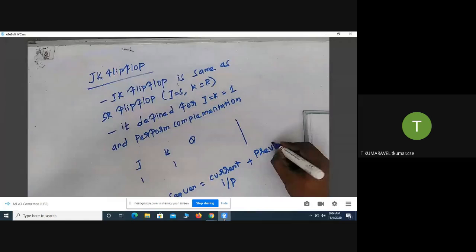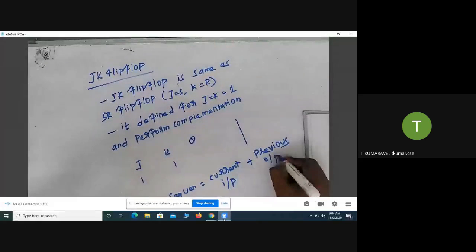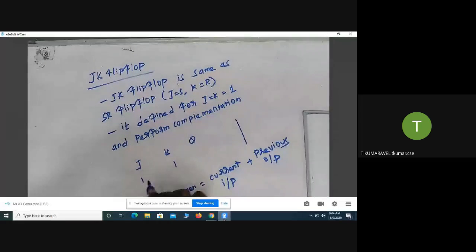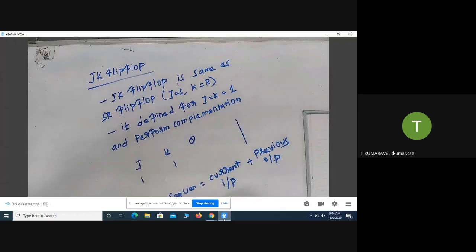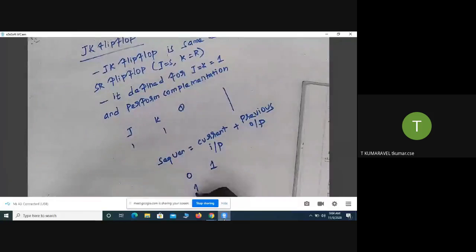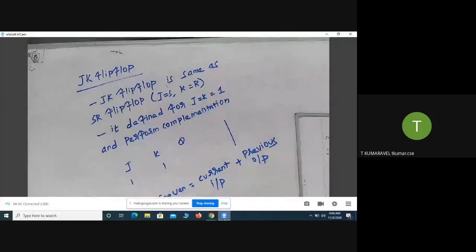Here, if both inputs are one, it looks at that past output. If the past output is equal to zero, it performs complementation. Suppose the past output is equal to one, it also performs complementation. Whenever the input combination is 1 1, I will explain that briefly.